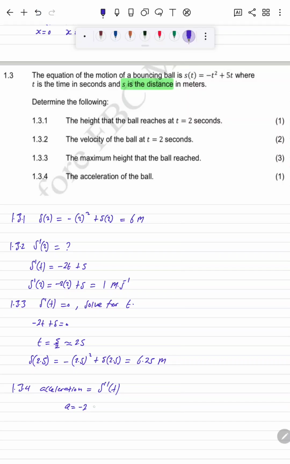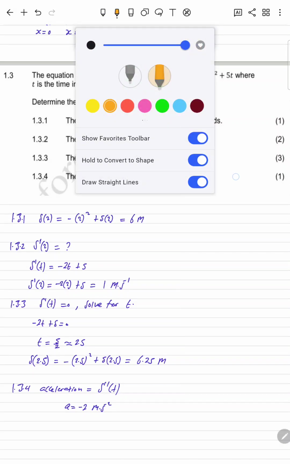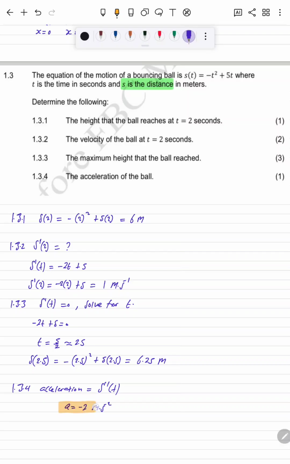So it means that's going to be negative 2 meters per second squared. Those who did physics would have an idea about the units of measurement, but that's not the serious thing for math students. But we will make it make sense when we go live.